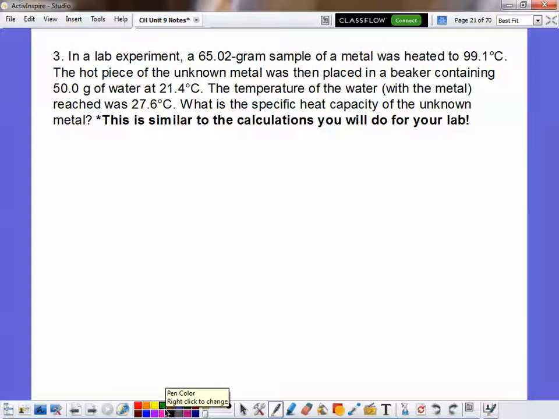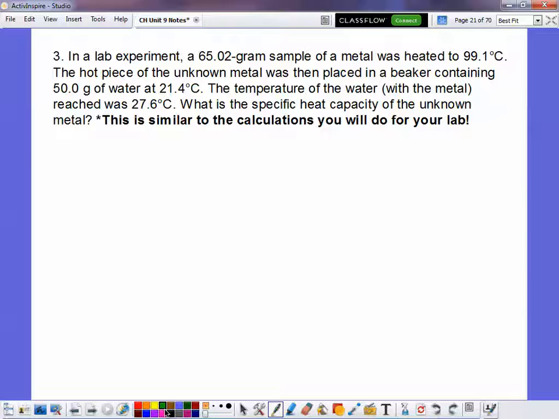All right, what do you notice about number 3 that might be important to make note of? It is similar to the calculations you will do for your lab. In a few classes next week, next Wednesday, I believe, we are going to be doing a lab where we are going to do exactly what it's saying here.